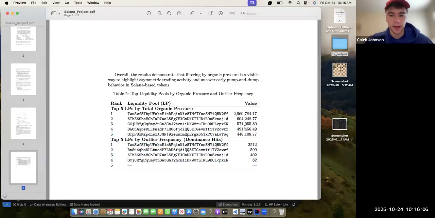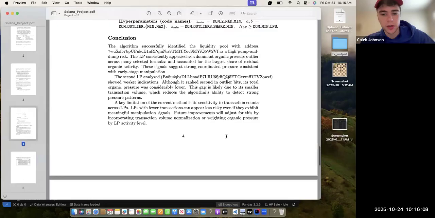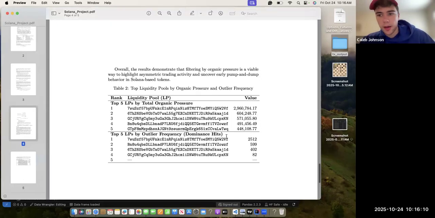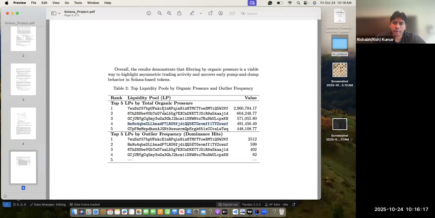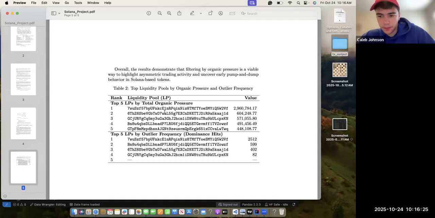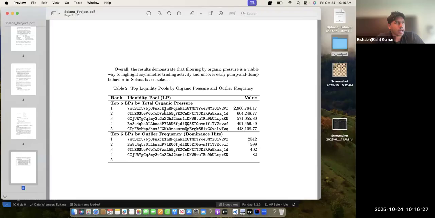So my idea, and I write about this in the conclusion, is that this liquidity pool had a lot fewer transactions. If you look at the CSVs I created for different liquidity pools, I think this had the fewest number of transactions, and the first one had the highest.